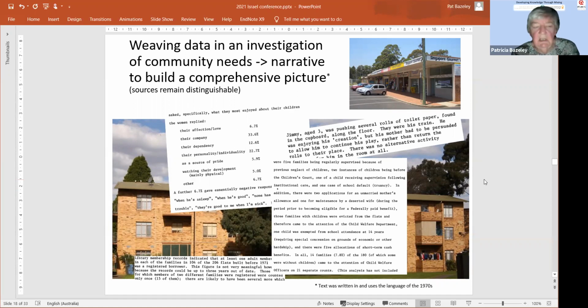I had social indicator data, I had census data, I had counts, and I had observations, and I had interviews with a range of different people, and I had survey data of mixed types. And this was all woven together to build a comprehensive picture. The point here is that you can still distinguish the sources of each particular element of the data that is presented, but it's woven together to build a narrative or a picture.